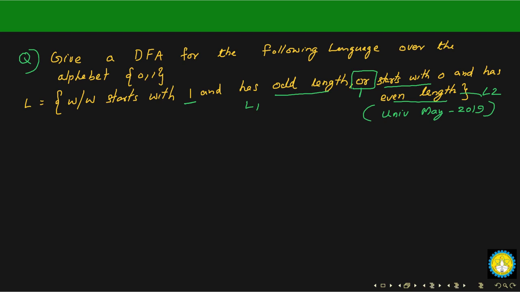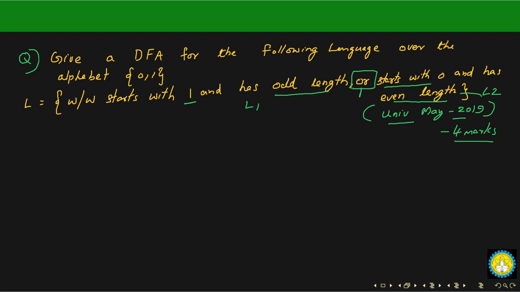I also remember that this question was asked in your university exam, May 2019, for just 4 marks. Looking at the marks itself, you should identify that we should not follow the method that we were discussing, and you should try to solve it trivially. I will show you the problem if you use that method.